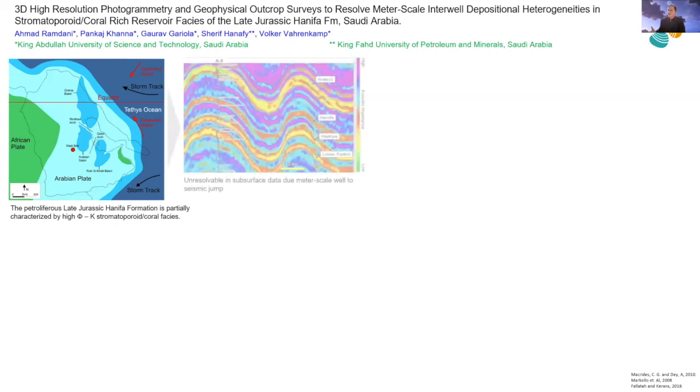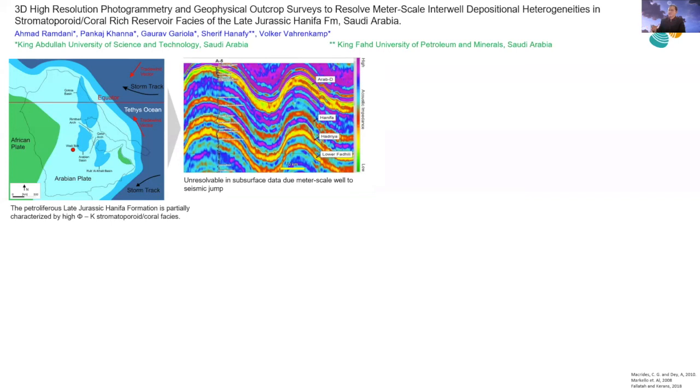Among the facies within this 1,000-kilometer platform is the stromatoporoid coral facies, which in the subsurface reservoir is characterized by high porosity and high permeability. Understanding the fundamental processes and factors that control the 3D spatial distributions of these facies is important, since subsurface data does not have the resolution or data density to resolve these facies well.